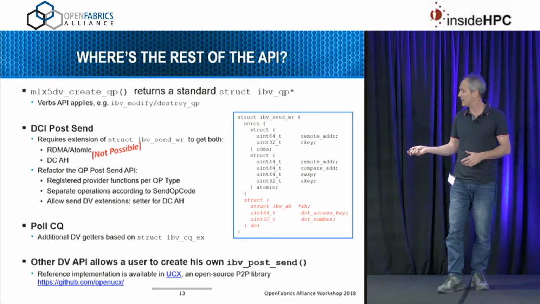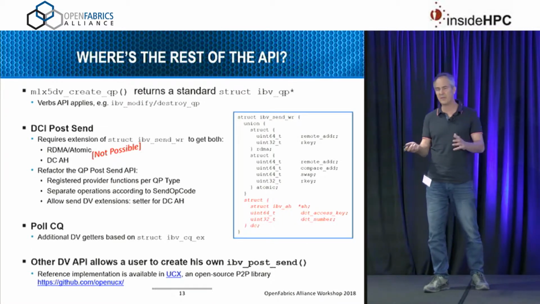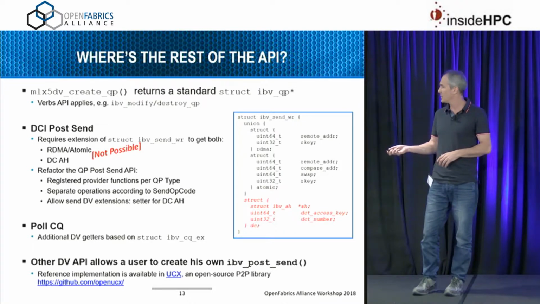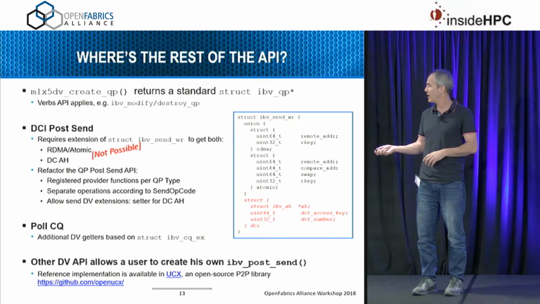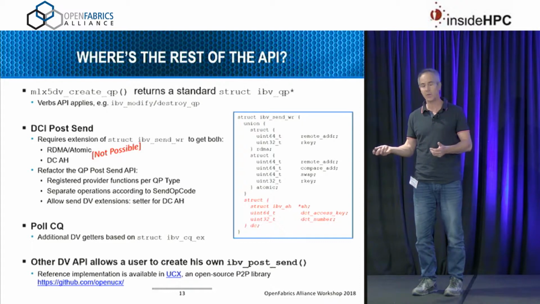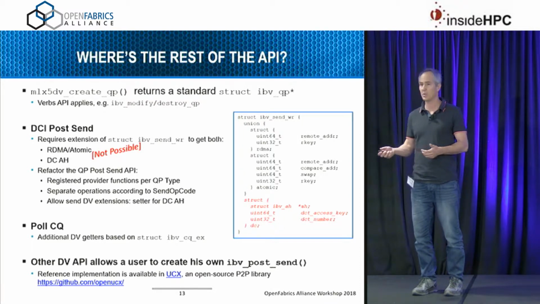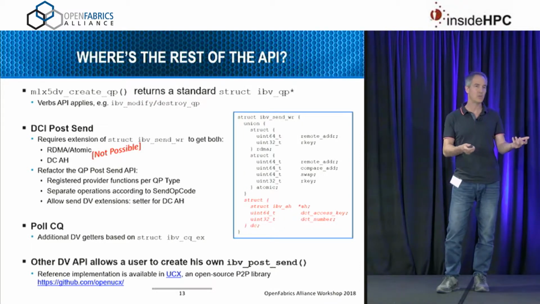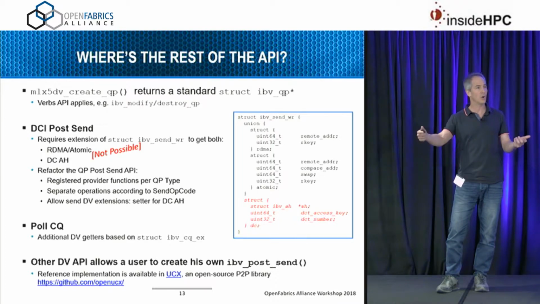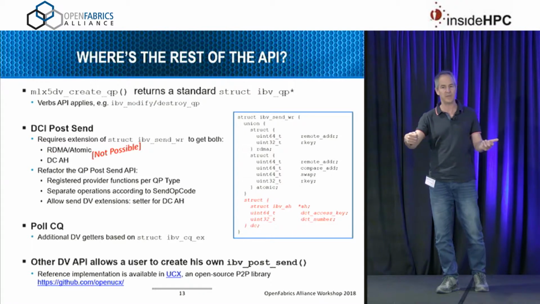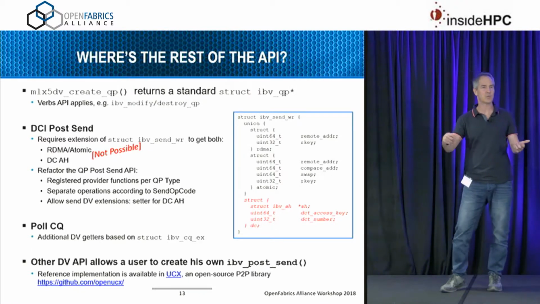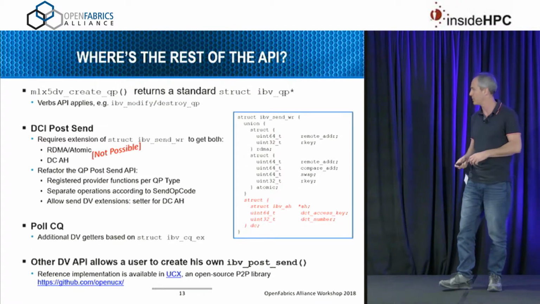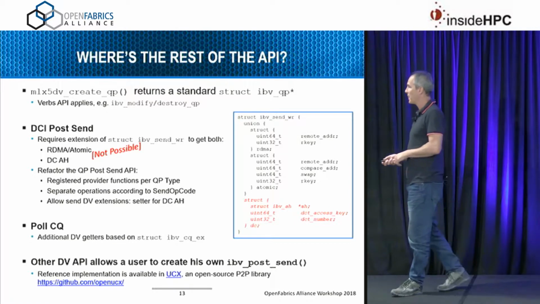This has been around for, I think, 1.5 years now. So it's very simple to add another private DV getter for this CQ. Once you create your extended CQ, you can also go to the vendor-specific area and ask, I have another getter, give me the DC initiator source address, and you can get all the parameters from your CQ.